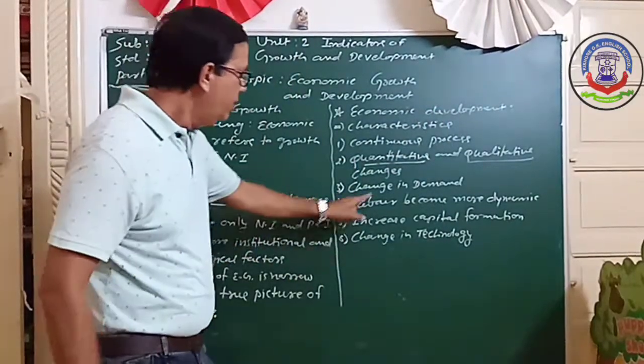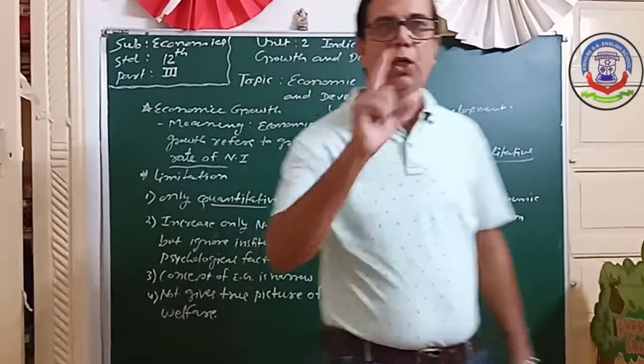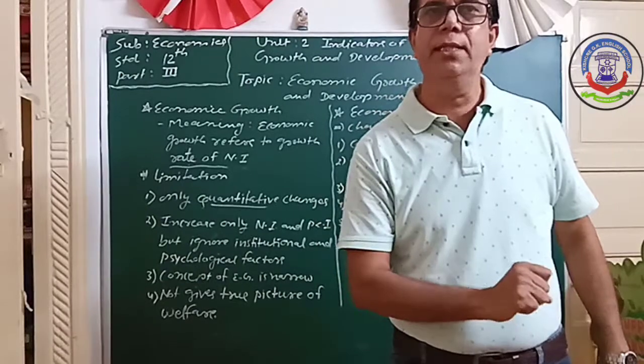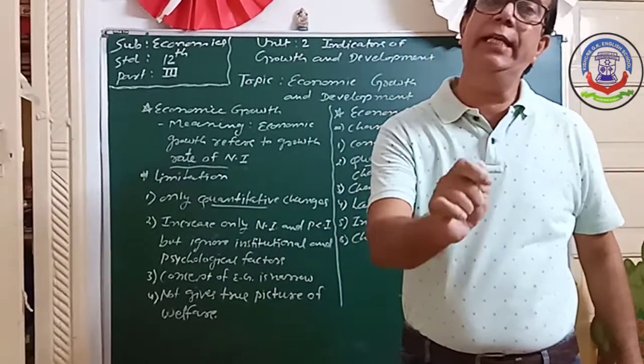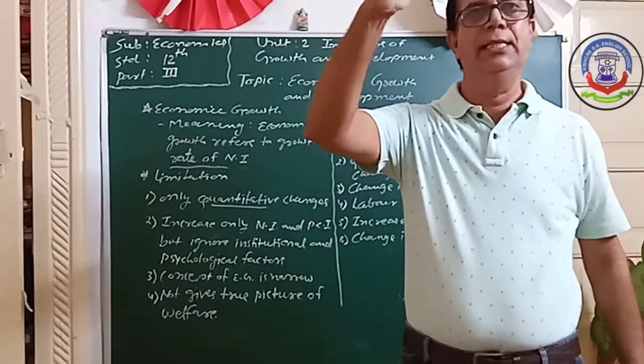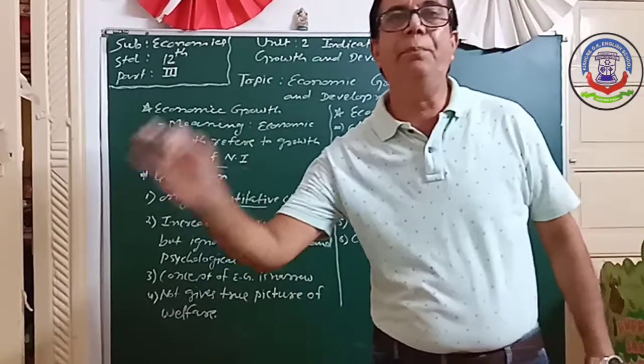After that, change in demand. Total production of a country increases. If the total production increases, that means the opportunity of employment increases. If employment increases, then the income of the people increases.